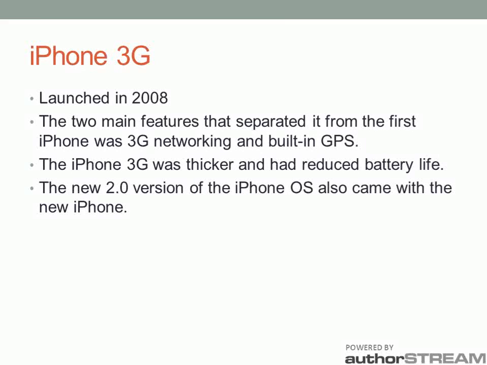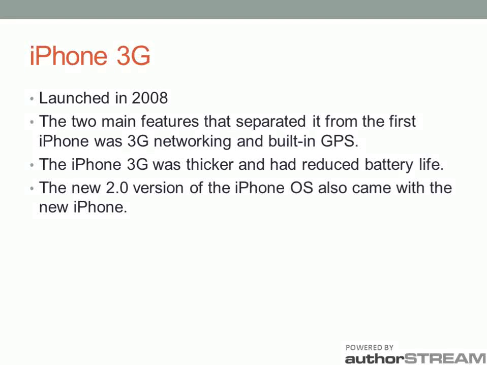The 3G basically launched in 2008. The two main features that distinguished it from the first one were 3G networking and built-in GPS. The operating system on this one was also upgraded to the 2.0 version.